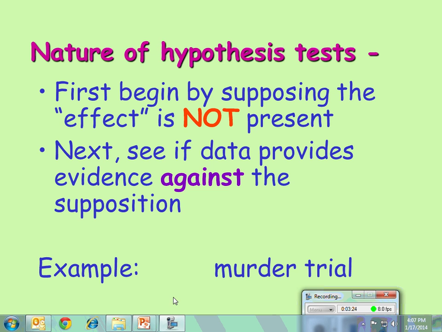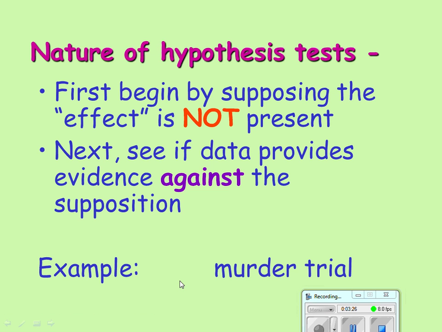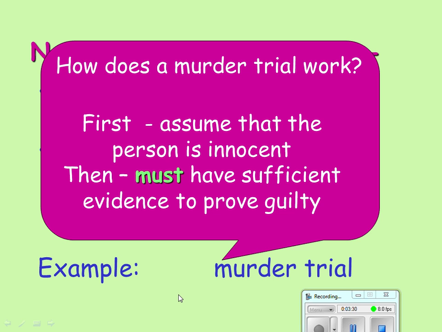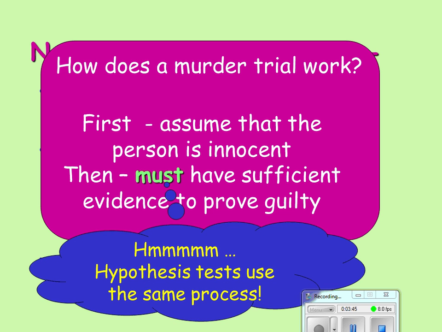So again, it directly correlates to what we were just talking about. So how does that trial work? So again, you're assuming that the person is innocent, and then you must have sufficient evidence to prove guilty, aka not innocent. So again, hopefully you see that there's a correlation between our hypotheses tests and this example, since it's the same type of process.